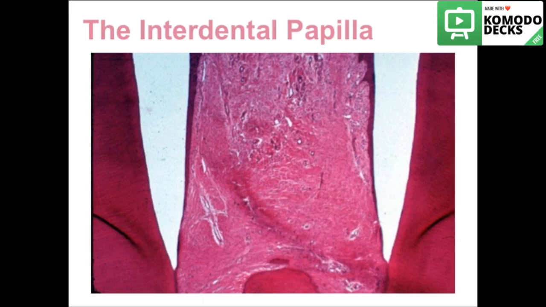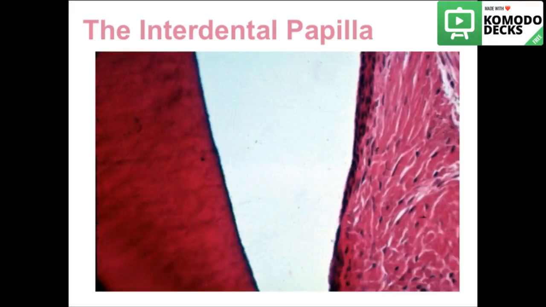The interdental papilla contains dense collagen bundles and principal fibers that connect the two teeth with the gingiva. This is the alveolar crest. A closer look for the junctional epithelium, which is a very thin non-keratinized lining.